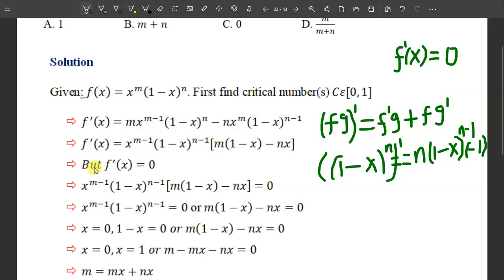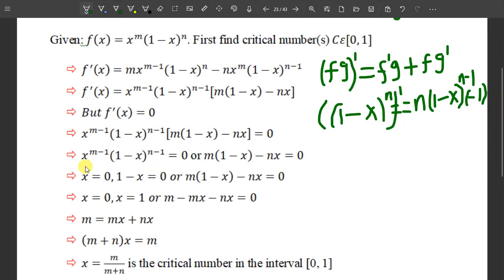But here, to find the critical number, it is always obtained at f prime of x equal to 0. That is what we have said. Here, f prime of x is equal to 0 means this derivative must be equal to 0. Either this one is 0 or this expression is 0, which means either x to the power of m minus 1 into 1 minus x to the power of n minus 1 is equal to 0, or m times 1 minus x in bracket minus nx is equal to 0.